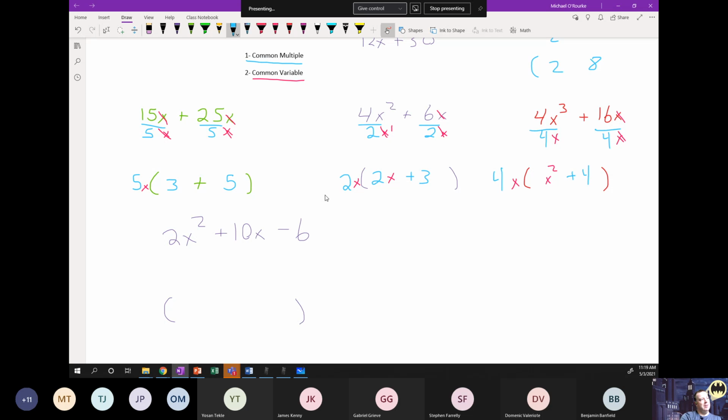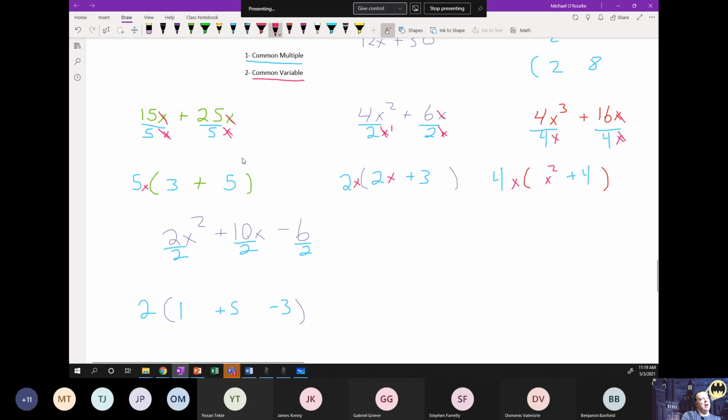Okay, so do I have a common multiple? First thing is, do I have a common multiple between all these? And if so, what is it? It's 2. Good. So let's take the 2 out and divide everything by 2. So these are going to equal 1, this is going to equal plus 5, and this is going to equal a minus 3.